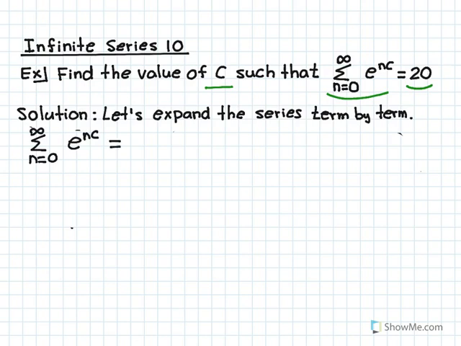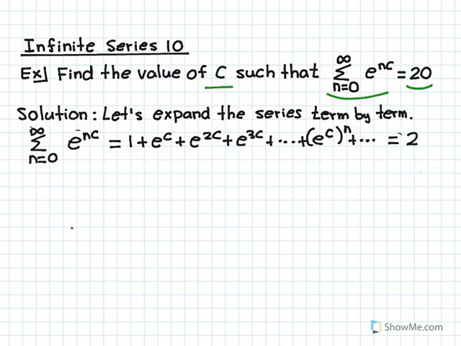This is equal to, plug in n equals 0, we get e to 0, that gives us 1, plus n equals 1, we get e to the c, plus n equals 2, we get e to the 2c, plug in n equals 3, we get e to the 3c, and the general term would be e to the nc, which we can write as e to the c to the power of n, and this is an infinite series, so dot dot dot, and this whole sum is equal to 20. Our job is to find the value of c that makes this series converge and have a sum of 20.